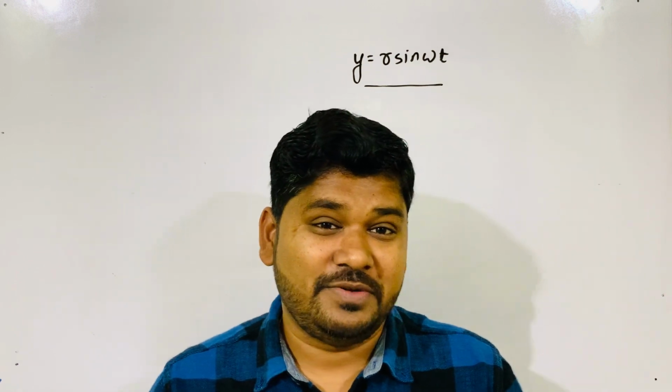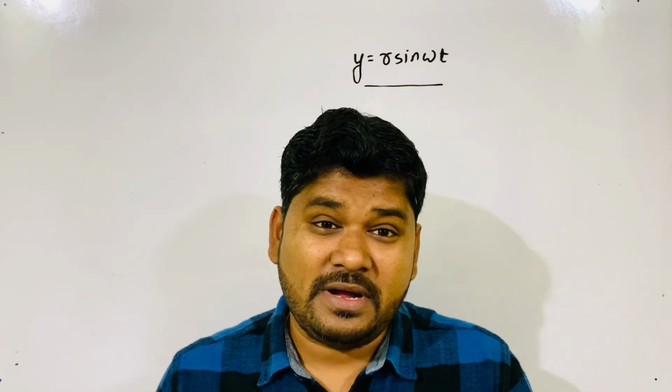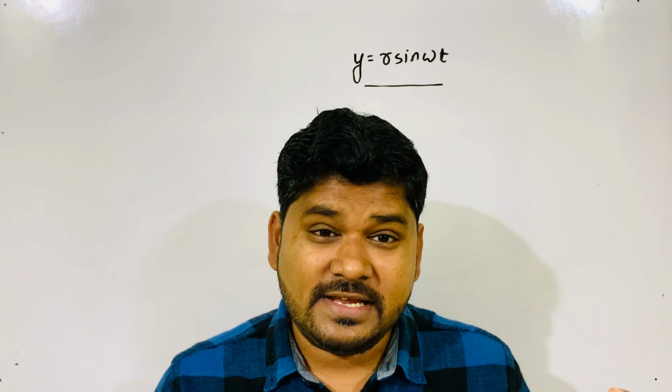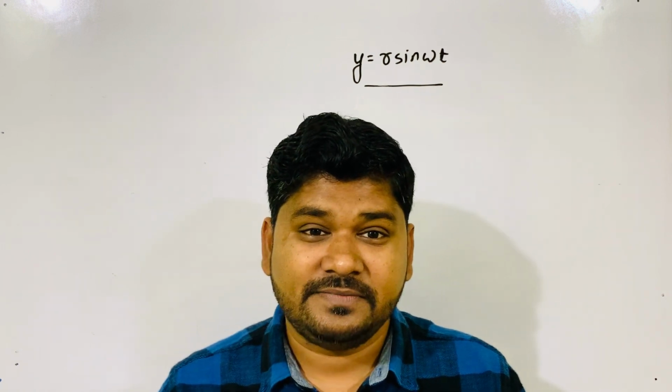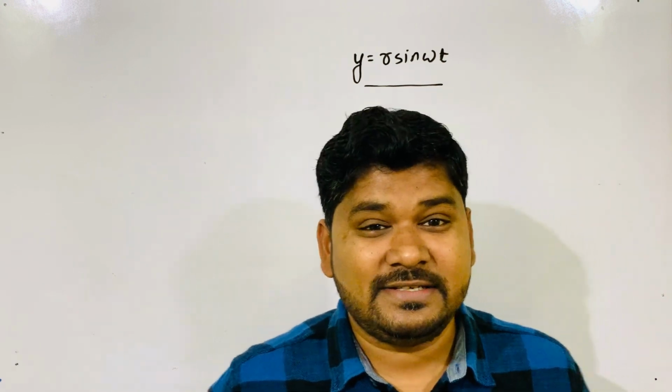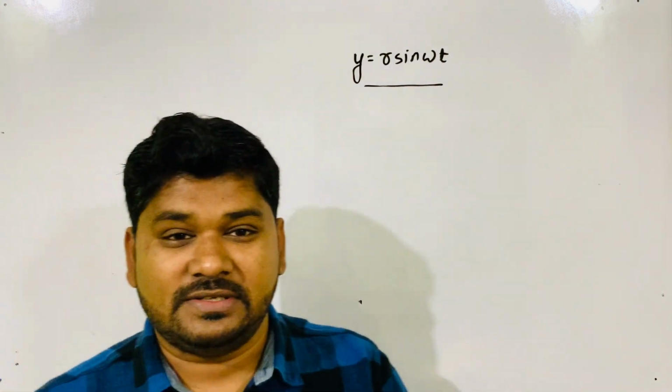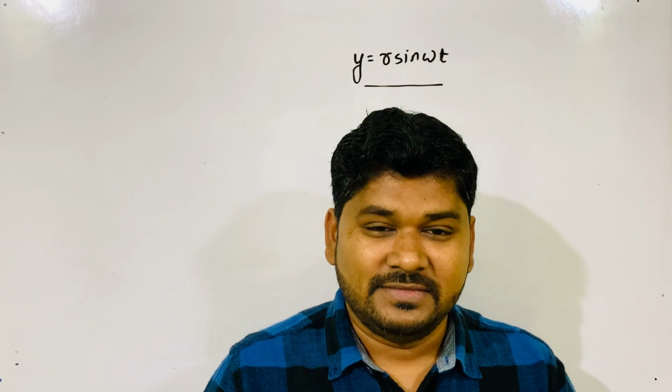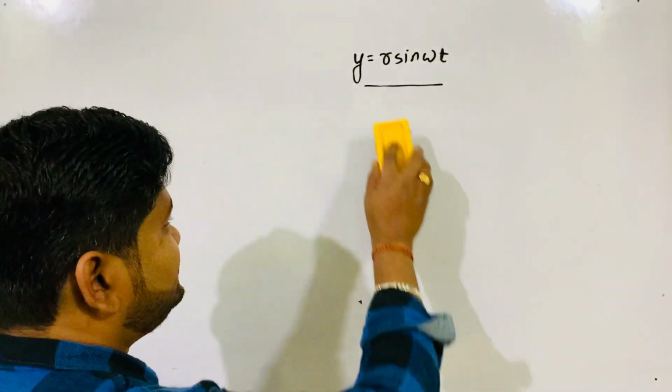The question may come to your mind: is there some relation between SHM and circular motion? Yes, that I am going to explain today, and from that relation we will derive this equation again. So now let's do the comparison between simple harmonic motion and uniform circular motion.